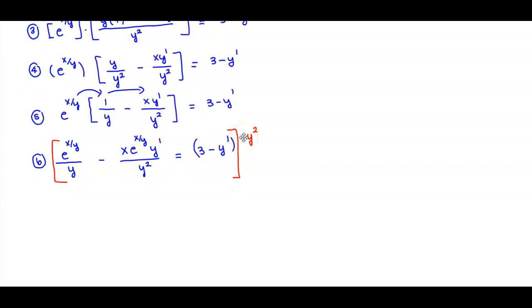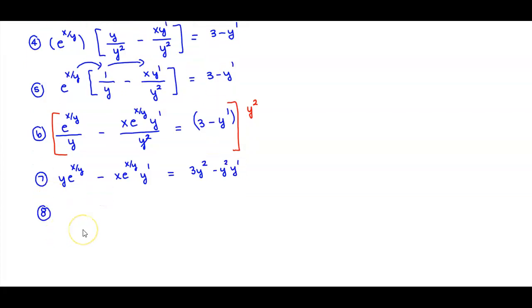Y squared divided by y gives us y times e to the x over y, minus y squared divided by y squared leaves us with x e to the x over y times y prime. And then y squared times those terms on the right gives 3y squared minus y squared times y prime.